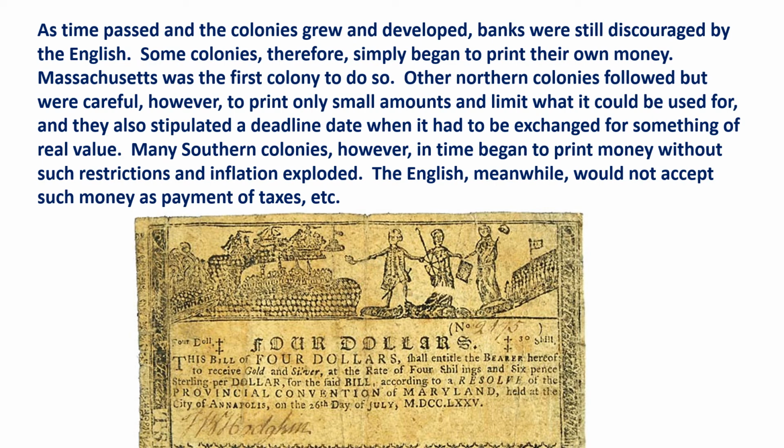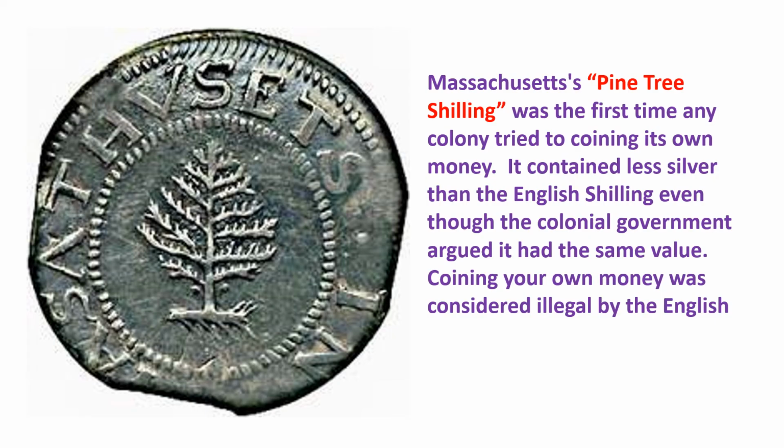They also often stipulated a deadline date when it had to be exchanged for something of real value, something of specie. Many southern colonies, however, in time began to print money without any such restrictions, and they just kind of flooded the economy with their own paper money, and inflation exploded. The English, of course, meanwhile, would not accept such money in payment of taxes, as you can understand.